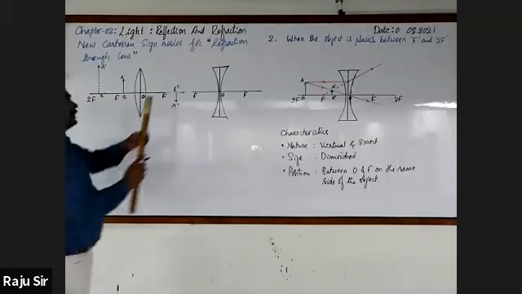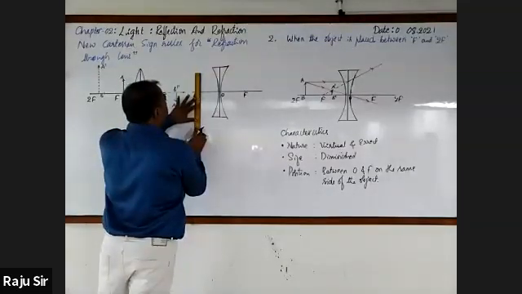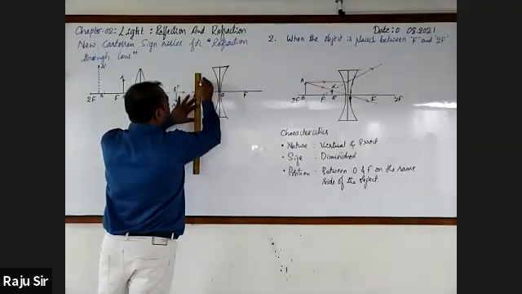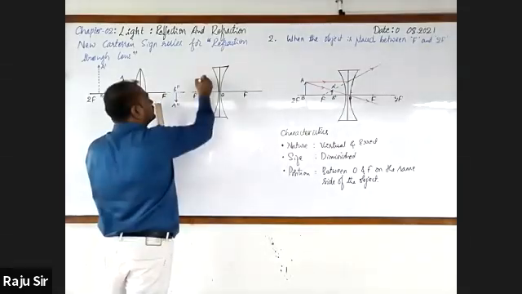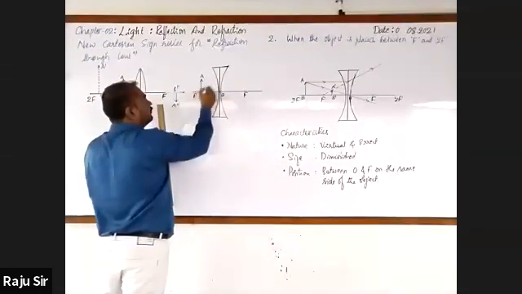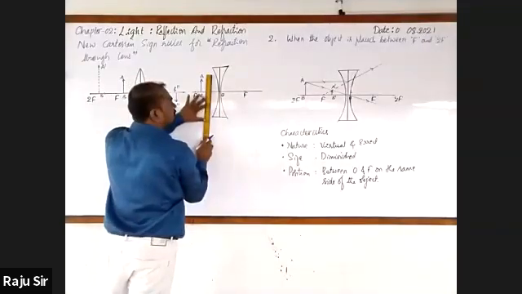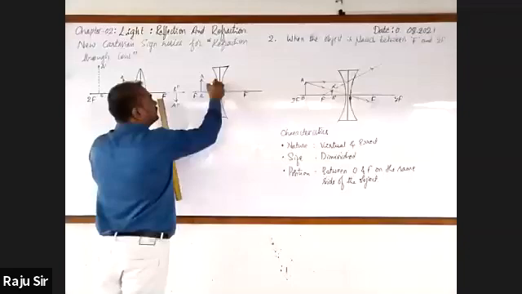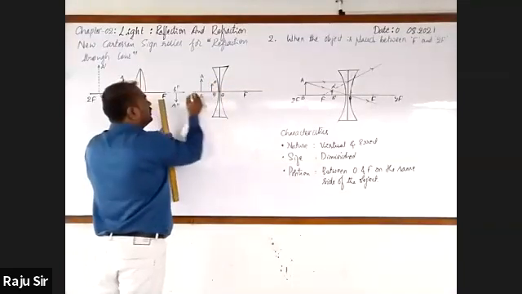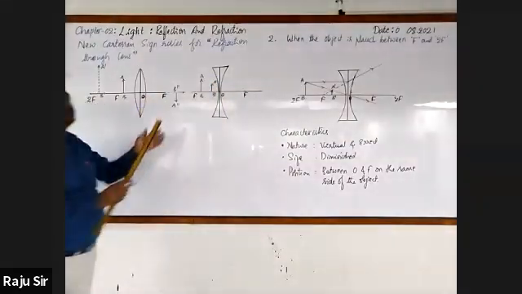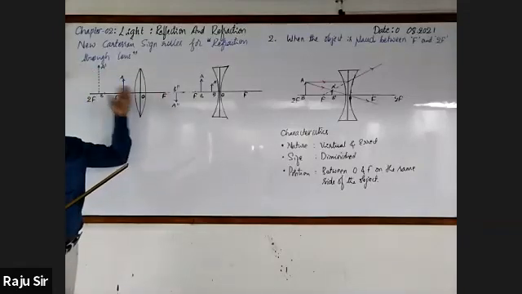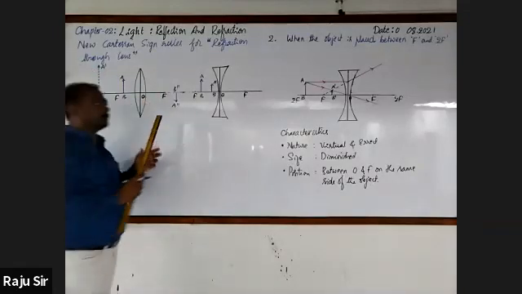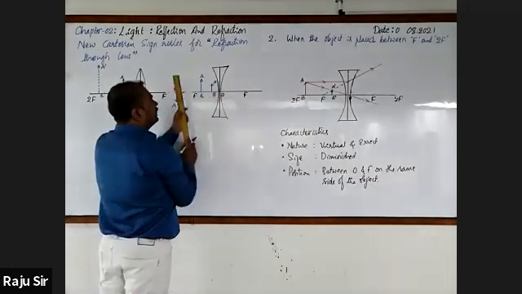Understood? Next, in case of concave, where the object is placed between O and F, where is the image formed? Between O and F only. It is A dash B dash. If the object is placed beyond F, the image is formed between O and F only.